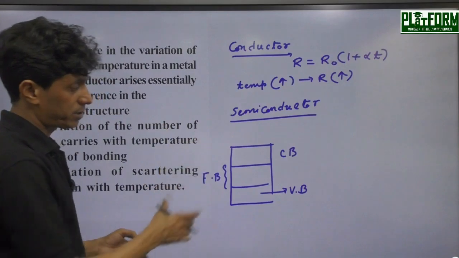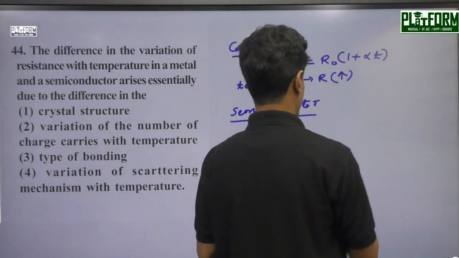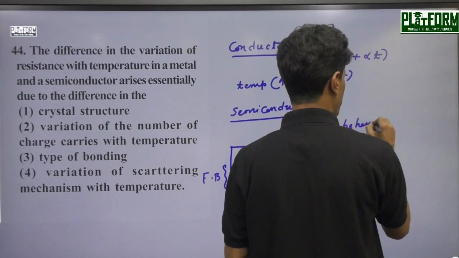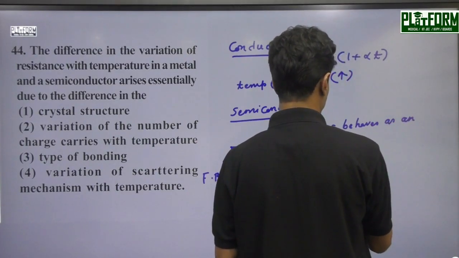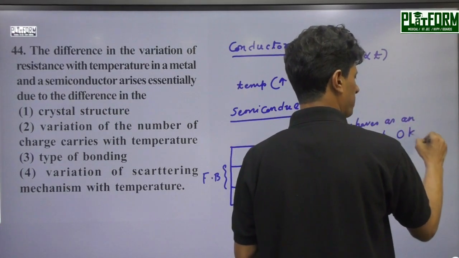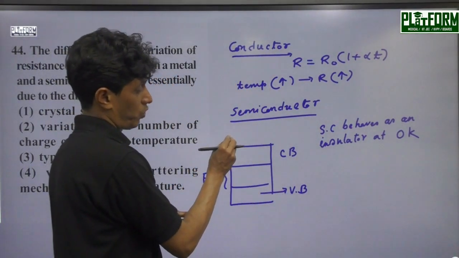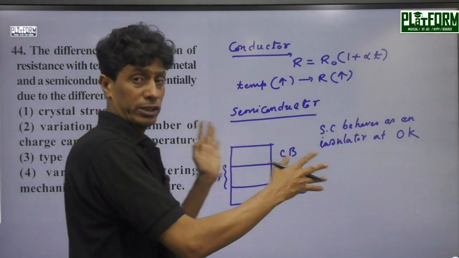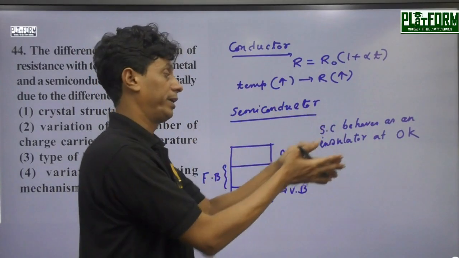You know, in band structure theory, a semiconductor behaves as an insulator at 0 K. That means the conduction band is completely vacant. There is no conduction electron available in the conduction band at 0 Kelvin.